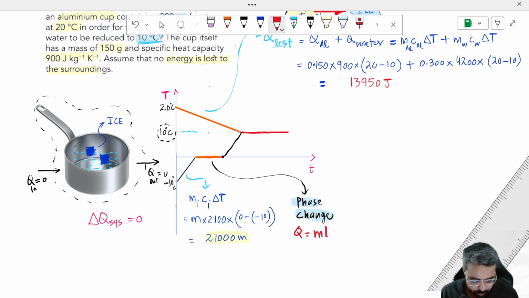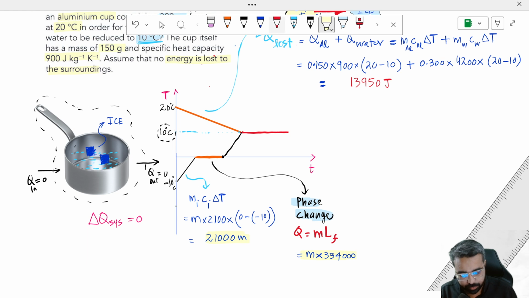That is Q equals m L_f, the latent heat of fusion, and during this you see the temperature is not changing. That's why we don't see any factor of delta T. So that will be m, and the latent heat will be given to you in an exam. Don't worry about that. So it is 334,000. All right. So once again, we got another term.